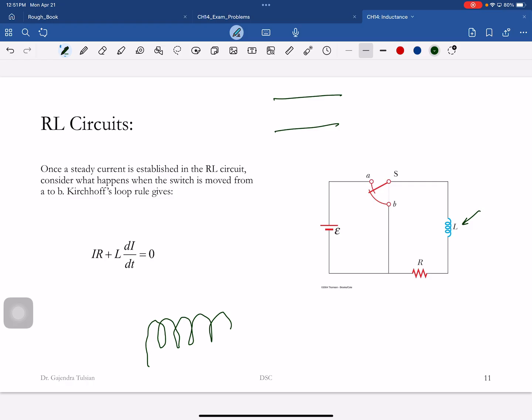This is a capacitor. So here's a switch. When I close the switch, what happens? Capacitor gets charged.